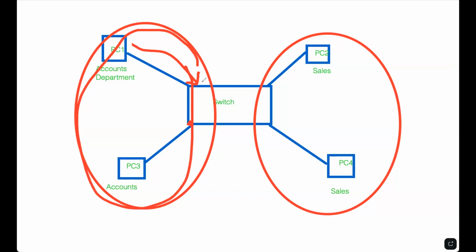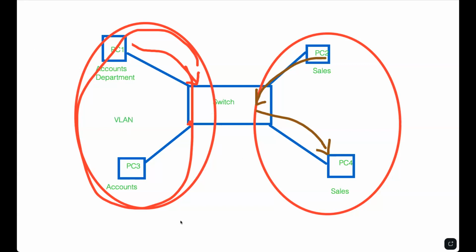It should not broadcast the same message to PC2 and PC4, right? That should not be done. Similarly, when PC2 is sending a broadcast message, the switch should broadcast to only the other ports inside the same domain. When I mean domain, I'm calling this a VLAN.